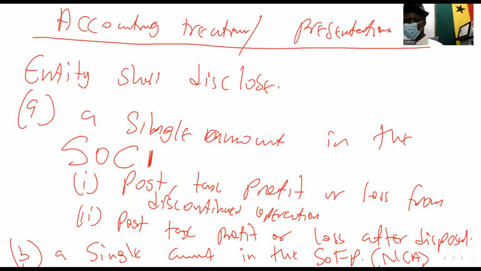And then you must also disclose the gain or loss, and then the applicable reporting segments under IFRS 8 segment reporting. So that's the disclosure requirement. And if we get to know this, it means that we are free to go.